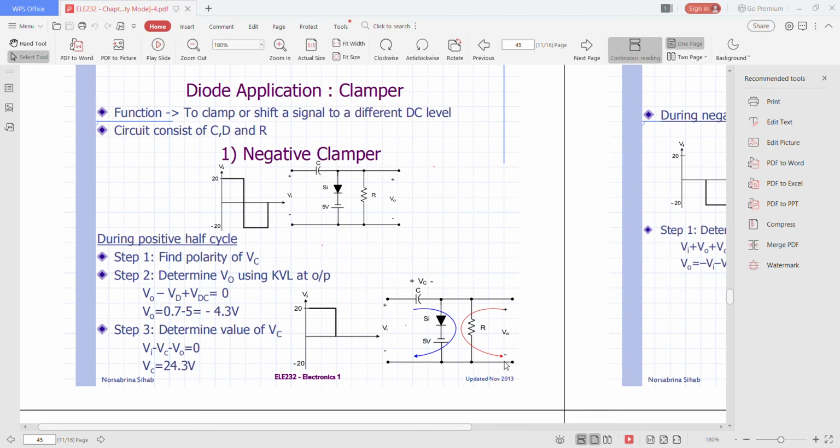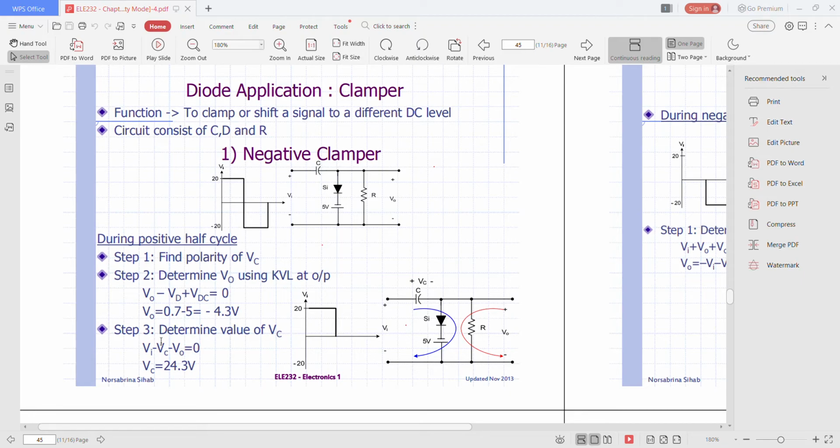You can also write down minus Vout plus Vd and minus Vdc equals to 0. Still will get the same answer. So here, as you can see, Vout is equal to 0.7 minus 5, and it will be equal to minus 4.3 volt.